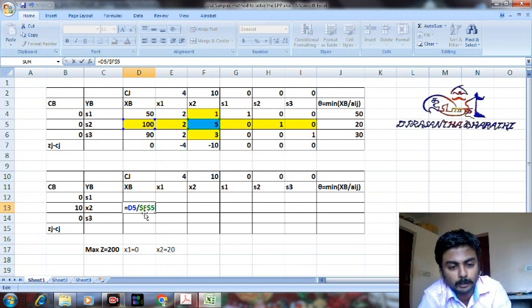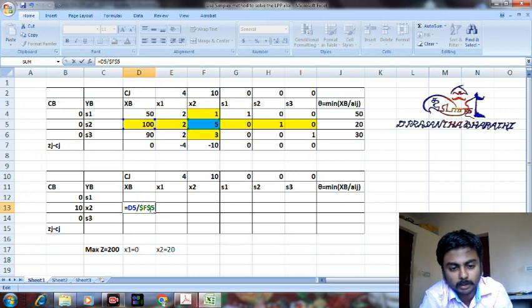I am using the dollar symbol before and after F, since it is in the F column, F and 5. This D should not be locked. If I lock D, then E, F and G cannot be divided. We want to divide everything by the same element, so we have to lock the same element.